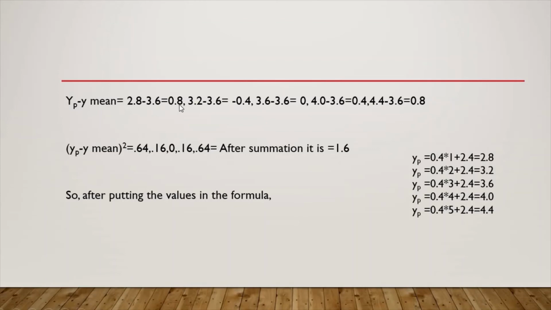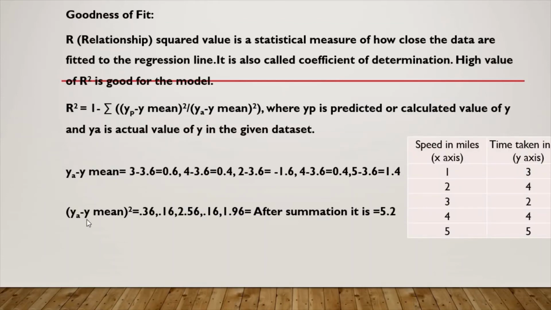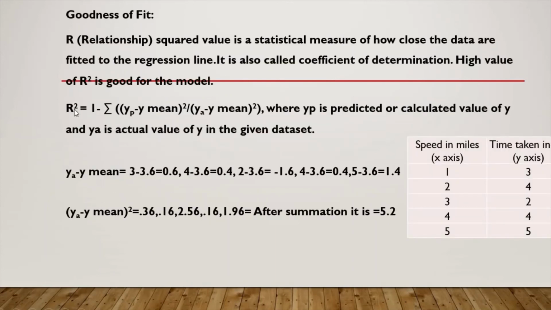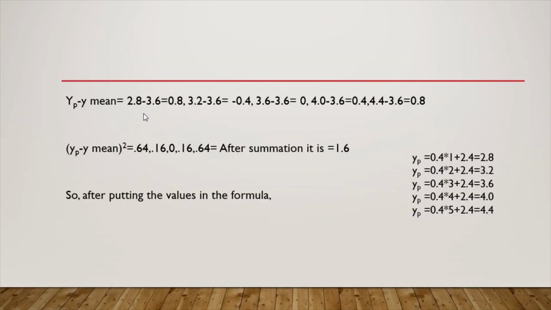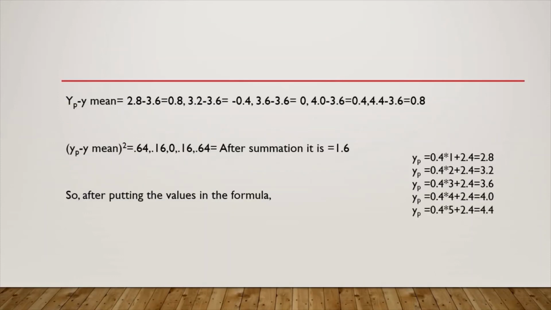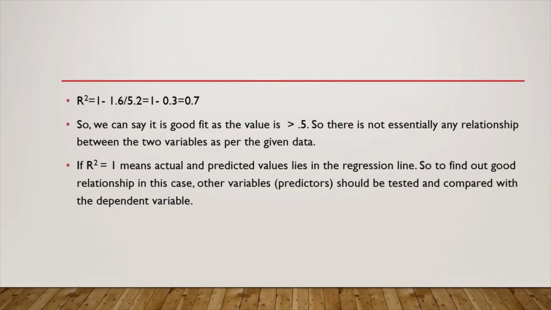Similarly we have squared every term, and we got 1.6. So by putting the values of ya minus y mean and yp minus y mean in the r square formula, we will get the value of r square. So 1 minus 1.6 divided by 5.2, that is yp minus y mean over ya minus y mean, we got 1 minus 0.3, and it is 0.7.